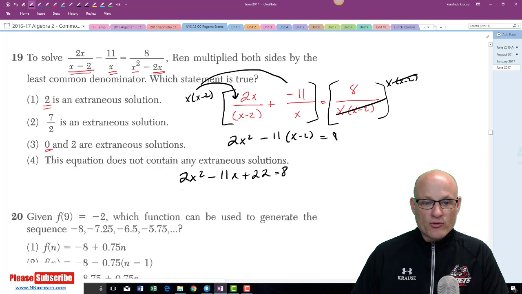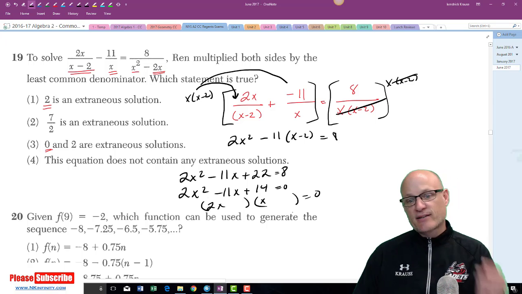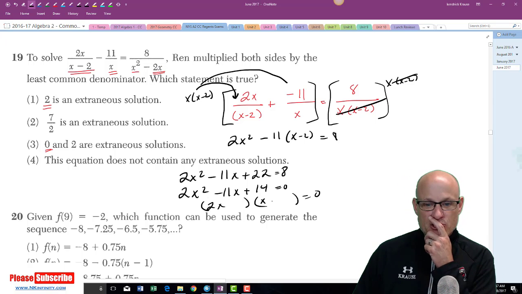I'll bring the 8 over. I get 2x squared minus 11x plus 14 equals 0. I believe this factors. 2x and x. I think it's x minus 2 here and 7 here. So these both have to be negative.